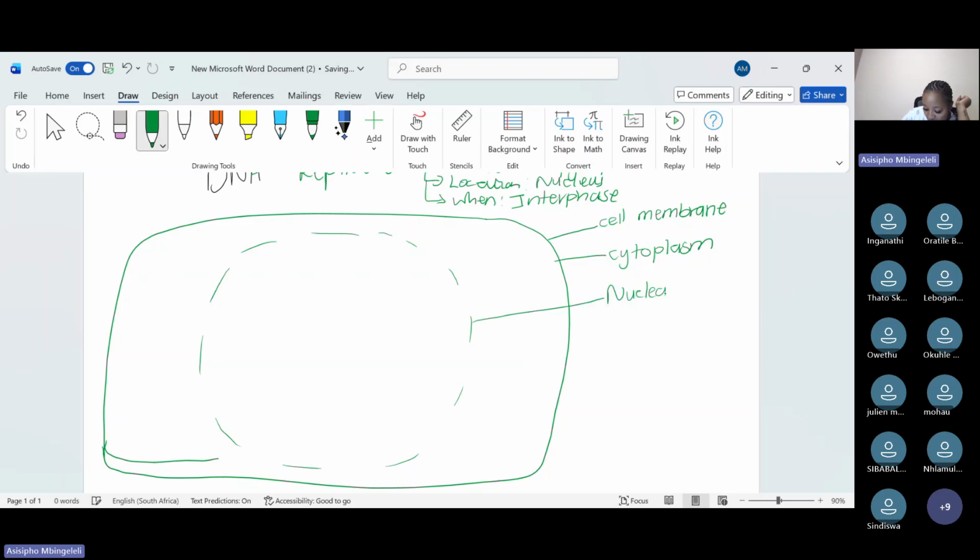Then filling up the nuclear membrane, we remind ourselves, it is the nucleoplasm.